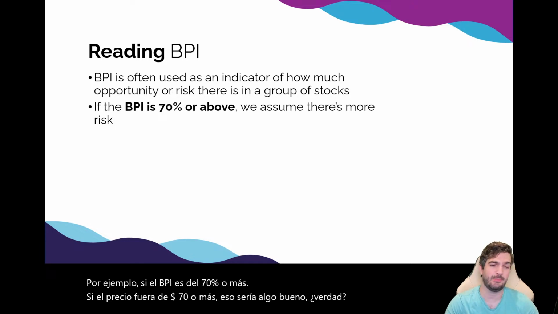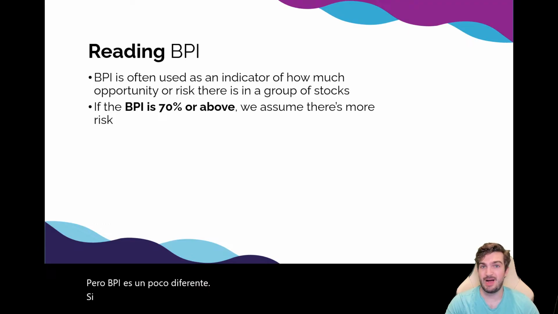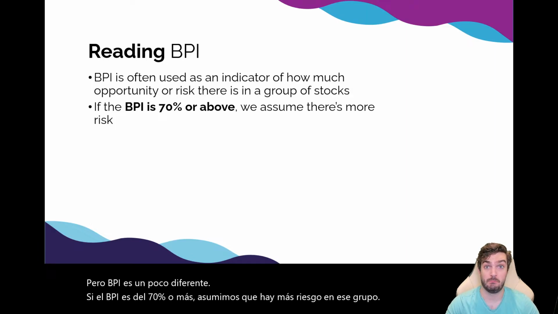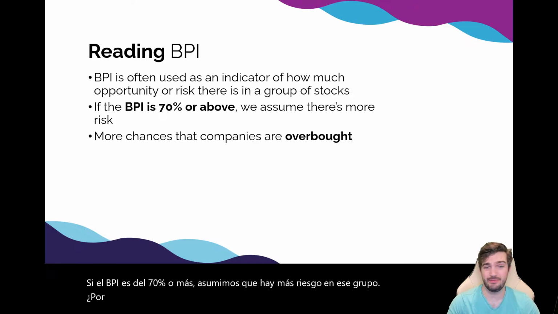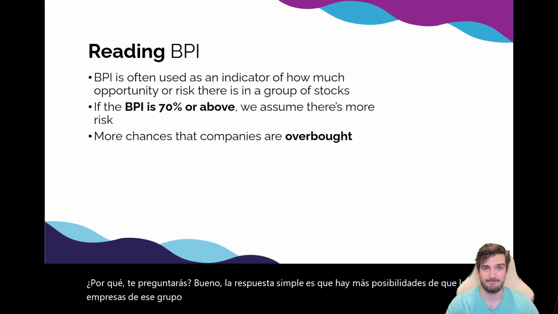But BPI is a little bit different. If the BPI is 70% or higher, we assume there's more risk in that group. Why, you might ask? Well, the simple answer is there's more chances that the companies in that group are overbought.